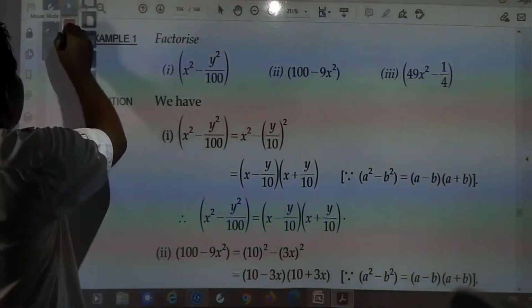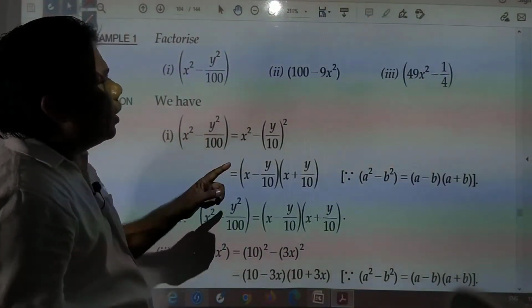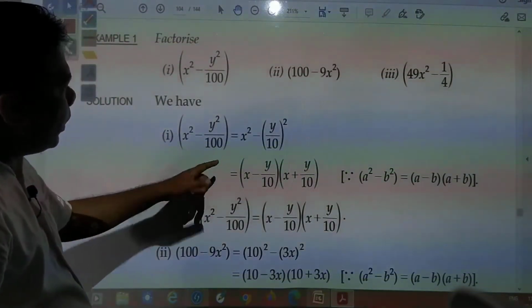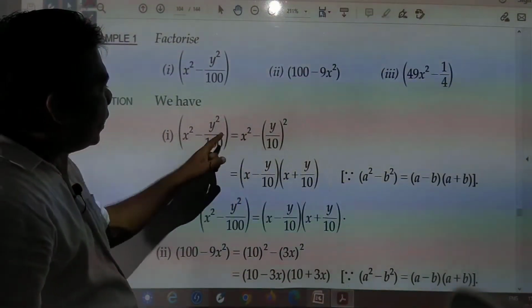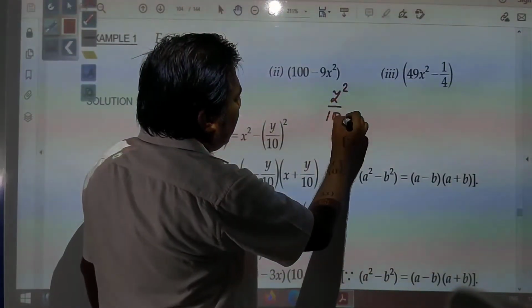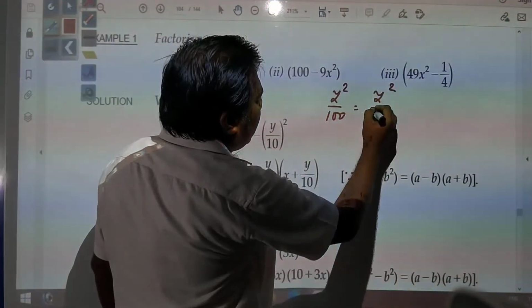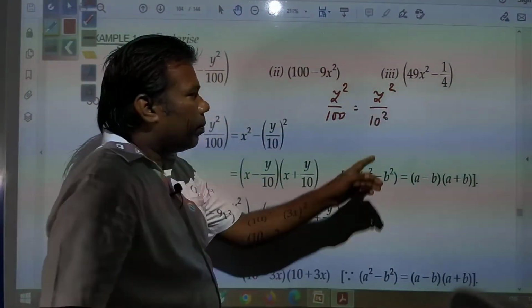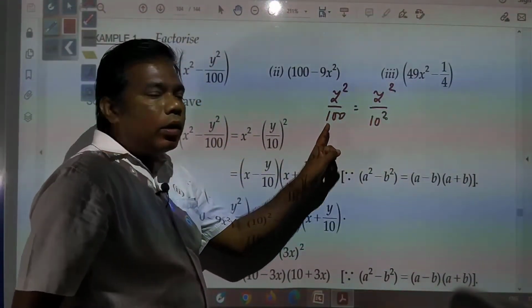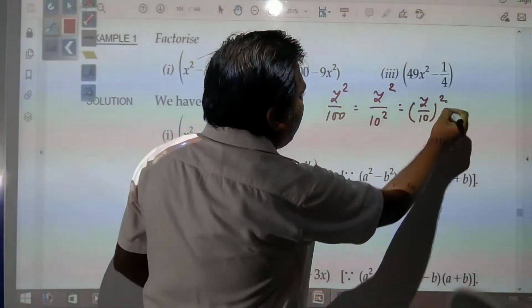First example, you have x square minus y square by 100. Here you see what has been done. y square by 100 can be written as y square by 10 square, or simply y by 10 whole square.